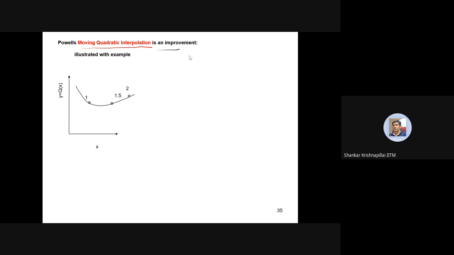Okay, so this is illustrated with an example. In the previous example, we started with 1.5 and 2, and we got the best point 1.3584. So this is one iteration. How do we continue these iterations?